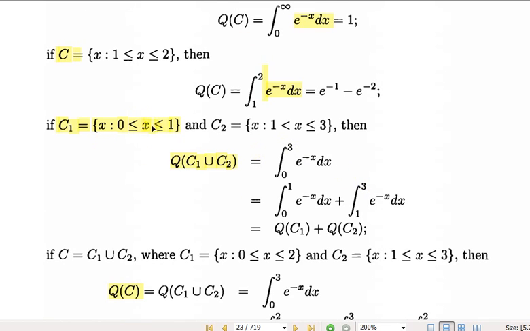If C1 is this and C2 is this, then Q of the intersection of C1 and C2 is like this.